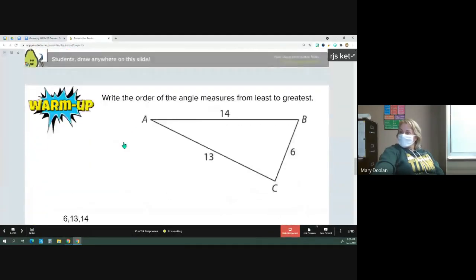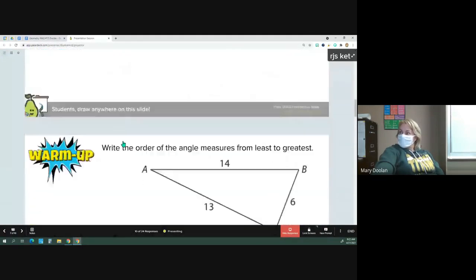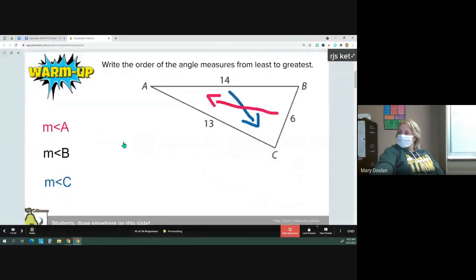Okay, so the correct answer, I'll use this one, is here. The smallest angle measure will be across from the smallest side length. So if you're looking at your triangle, 13, 6, and 14, 6 is the smallest side length over here.